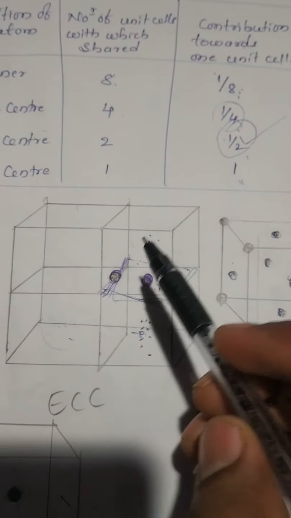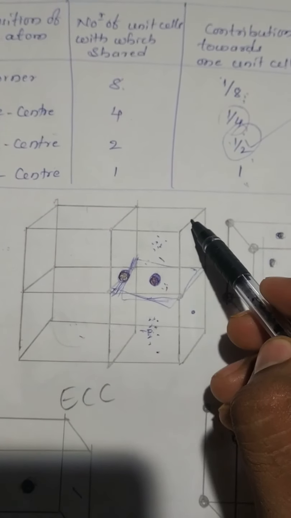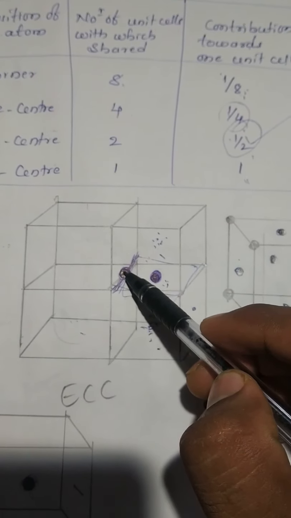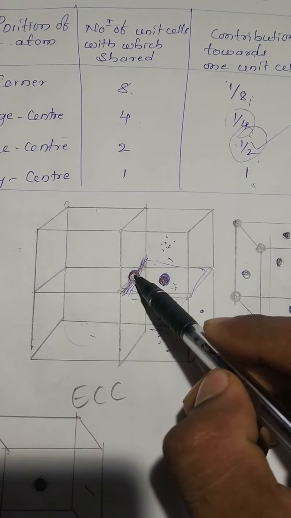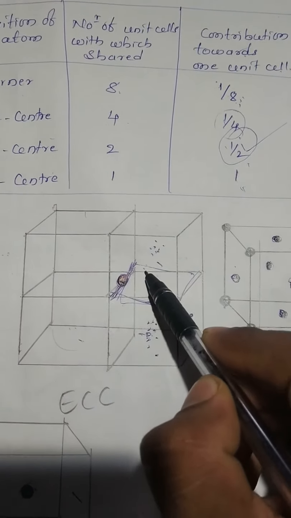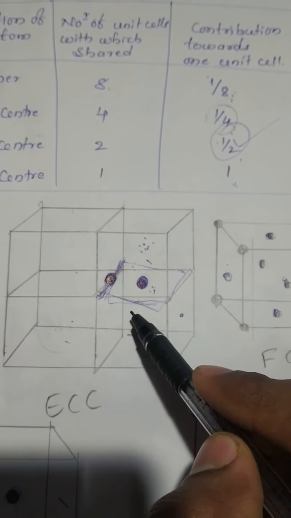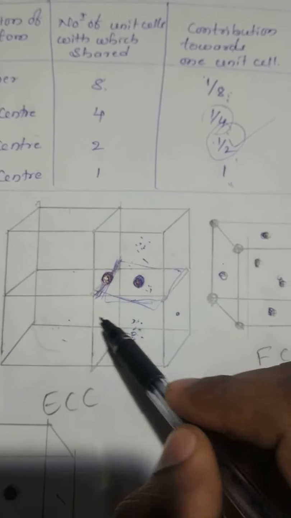In that, if the particle is present here, that is an edge center particle. This is also an edge, and this edge has one particle at its center. This particle is shared with this unit cell, this unit cell, this unit cell, and this unit cell. This atom is shared among 4 unit cells.